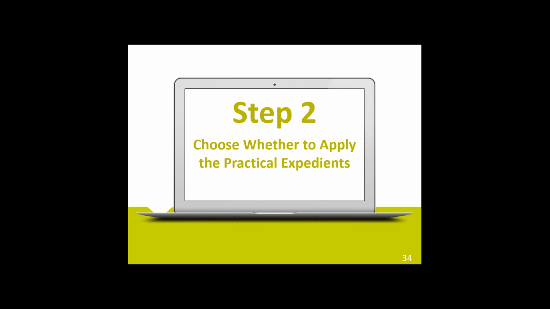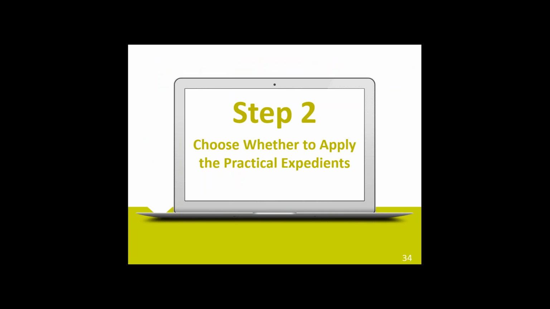So step one we've looked at. Let's move on to step two. You now have to decide whether you want to apply any of the practical expedients. Now, last month when we talked about AASB 15 in our webinar, I introduced the term practical expedients into our accounting vocabulary.